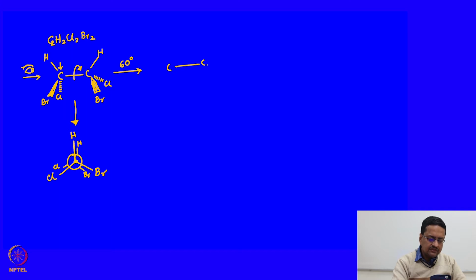The front carbon should remain as it is, this hydrogen which is here should come somewhere here by making it exactly opposite to that chlorine.